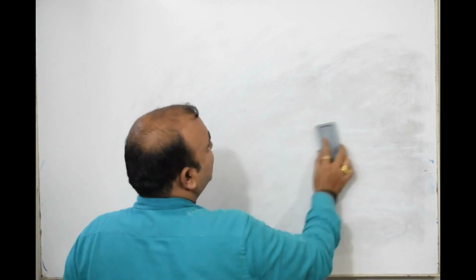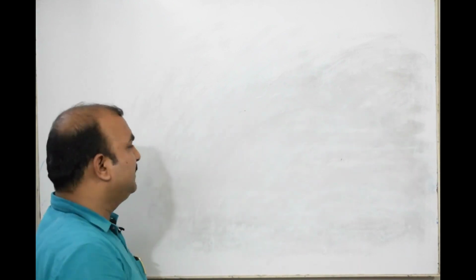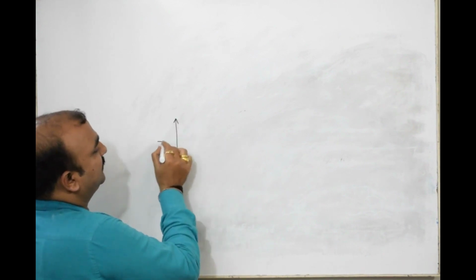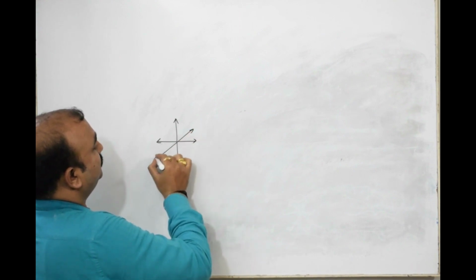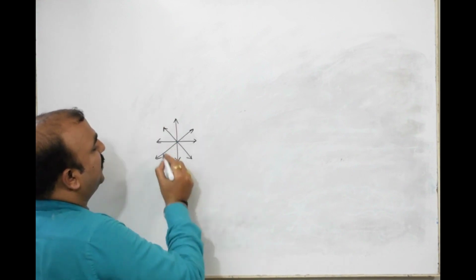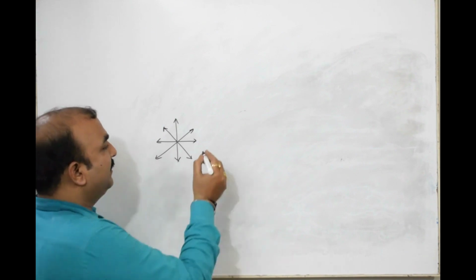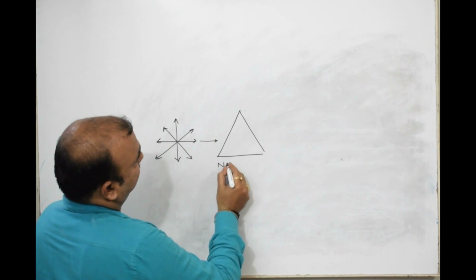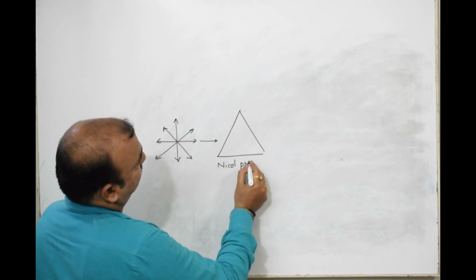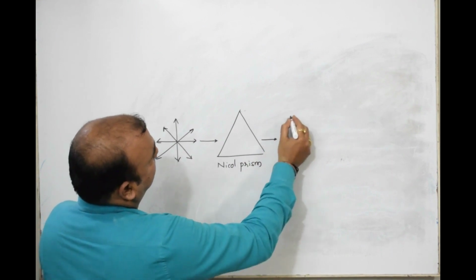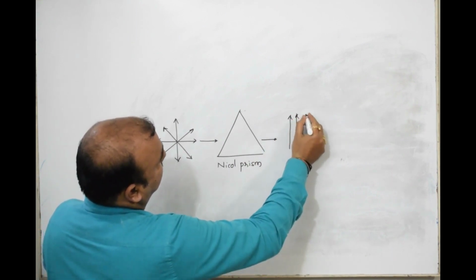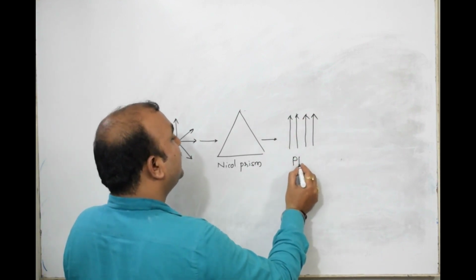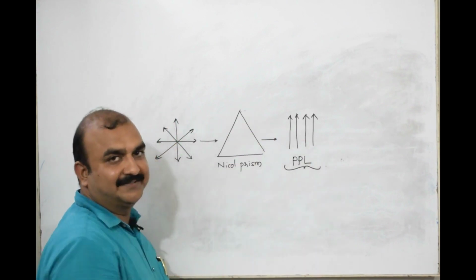Now it's a very interesting and nice concept that our normal light propagates in all directions, but when that light passes through a Nicol prism, that light propagates in a single direction or single plane, and it is known as PPL, plane polarized light.